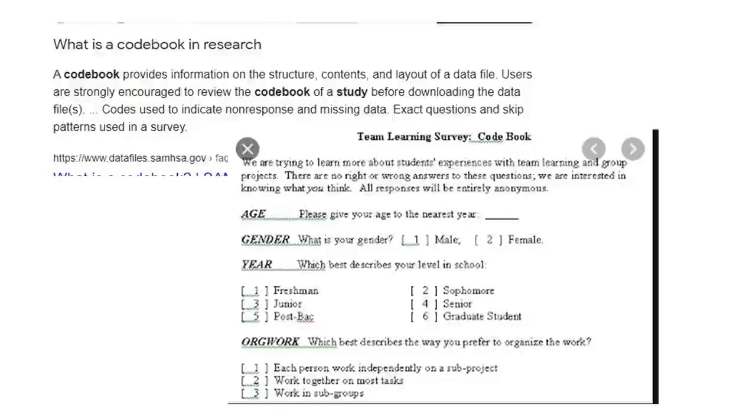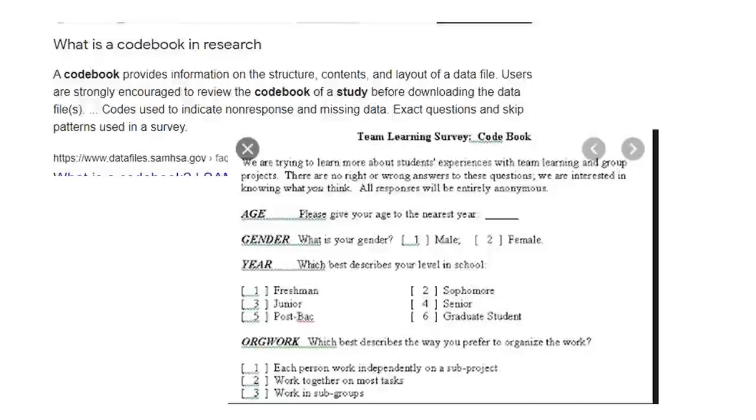The year, this is also coded, also has assigned codes, which best describes your level in school: 1 for freshman, 2 for sophomore, 3 junior, 4 senior, 5 is post-baccalaureate, and 6 graduate student.